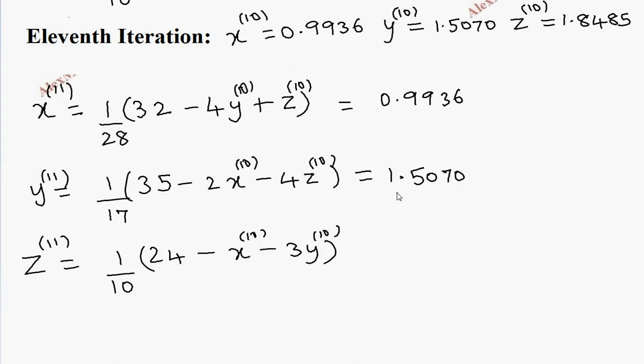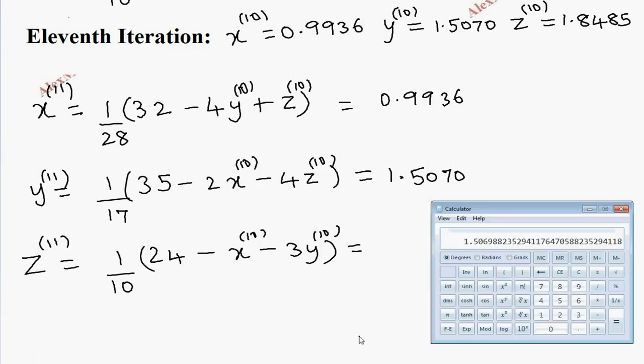And the last one, it is 24 minus x of 10, 0.9936, minus 3 into y of 10, 1.5070. This whole value divided by 10.